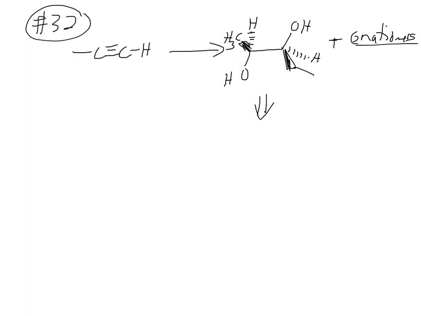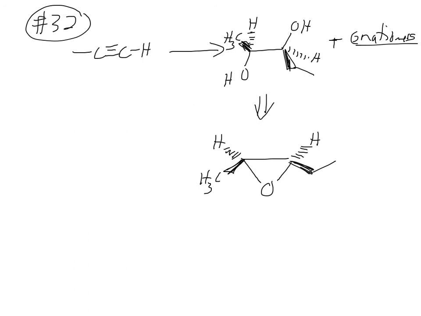So an epoxide, remember again, it's a three-membered ring. We don't need to change anything else. Very similar to what a bromonium ion would look like, right? And if you had a bromonium ion in water, the water would have come and attacked the carbon.